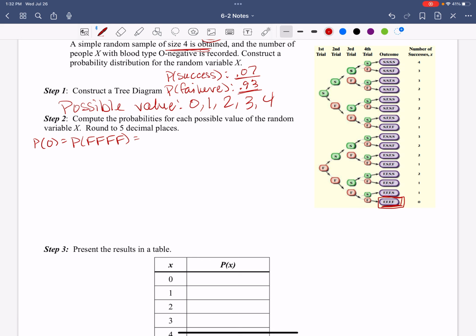When I'm multiplying these 4 together, I have all fails, 0 successes, that's what this means. So fail here is 0.93, so 0.93 four times, and that's that exponent. And we're going to take it to 5 decimal places, so plug that in your calculator, and what do you get?